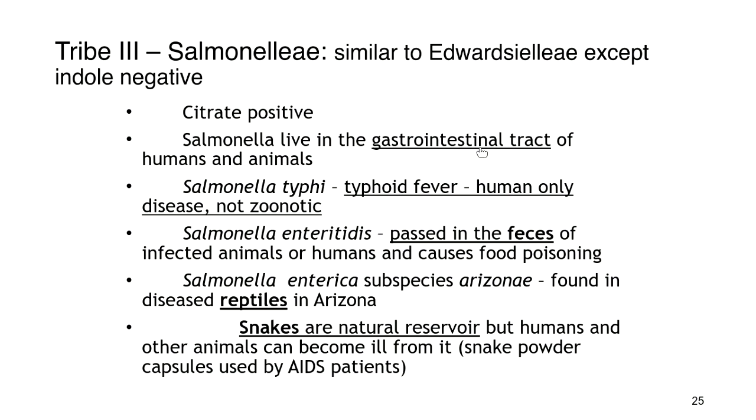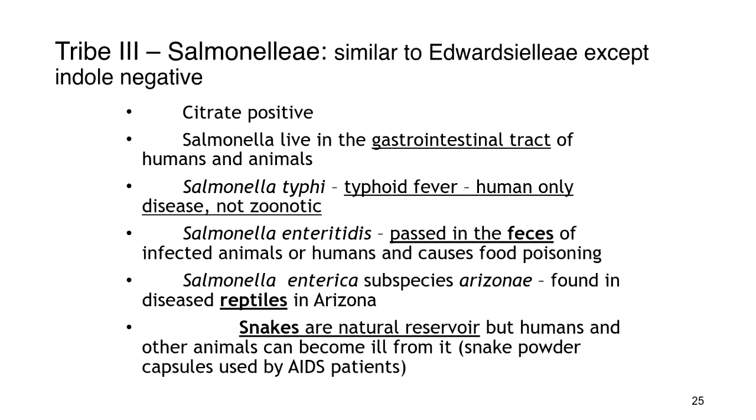We have Salmonella typhi, typhoid fever. Humans are the only host; it's not zoonotic. We have Salmonella enteritidis, passed in the feces of infected animals or humans, which can cause food poisoning.